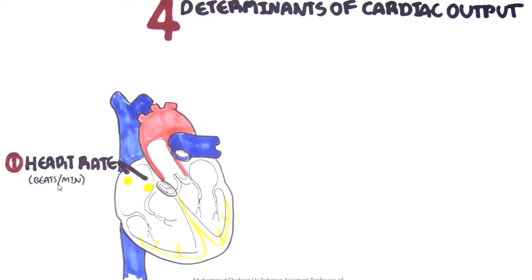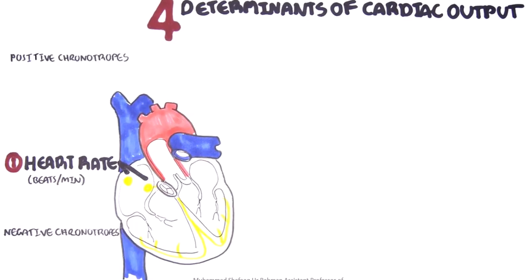Things that influence the heart rate are known as the chronotropic factors. You have positive chronotropic factors and negative chronotropic factors. The positive chronotropic factors are those which increase the heart rate, and negative chronotropics decrease your heart rate.